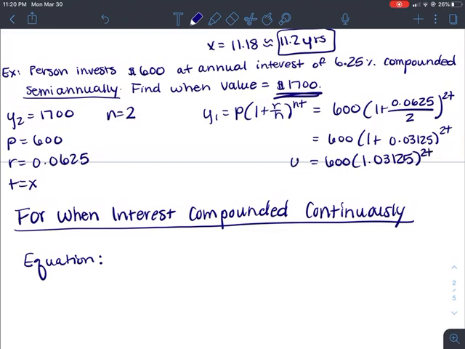So you're going to plug 600 times 1.03125 raised to the 2t power as your y1, and your y2 is going to be 1,700. You're going to hit graph and find the intersect. When you find where they intersect, it's going to be about 16.92, or about 17 years.